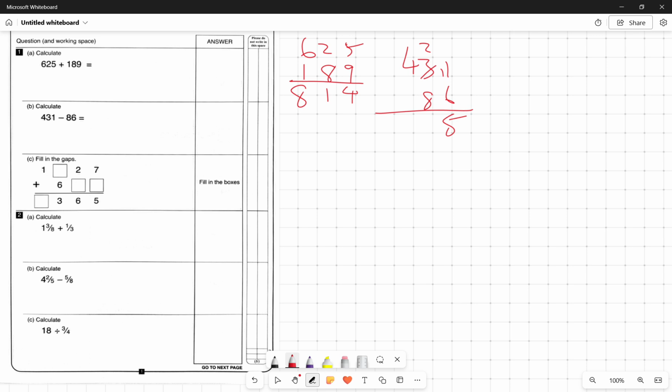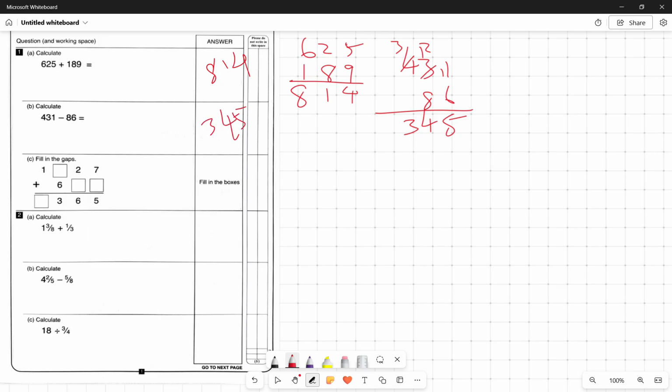And 8 can't go by 2, so you borrow from the next, which becomes 3, and 12 take away 8 is 4. So the answer is 345. The first one is 814, and the second one is 345.